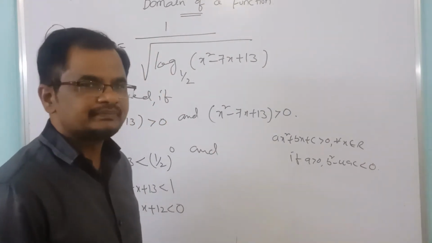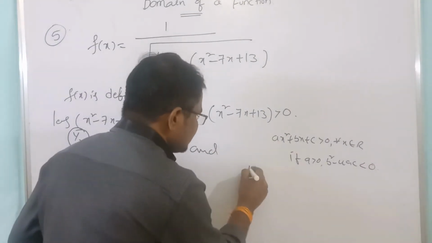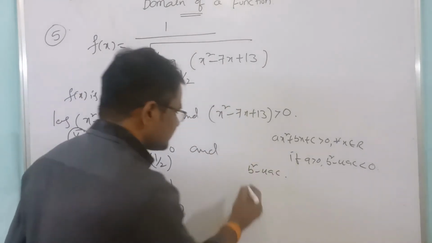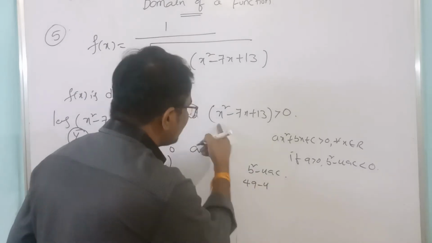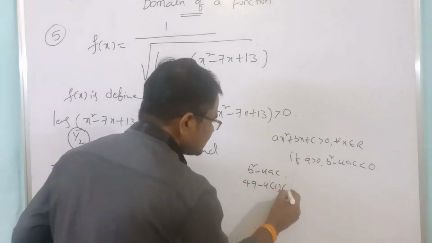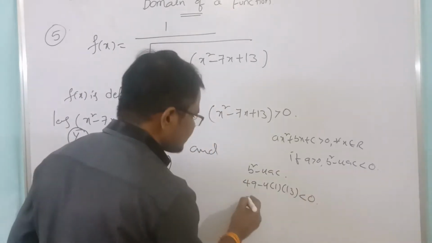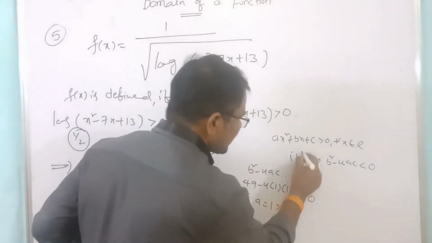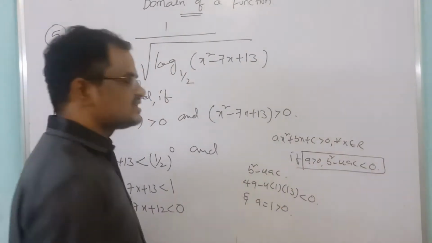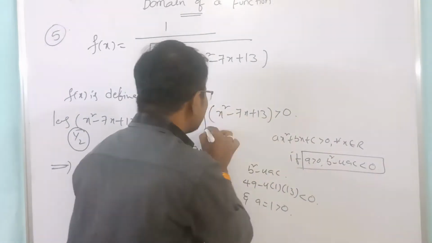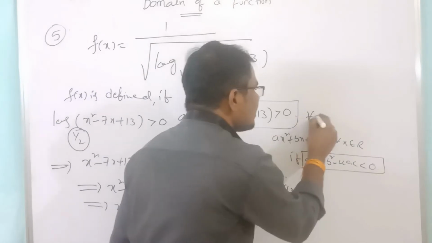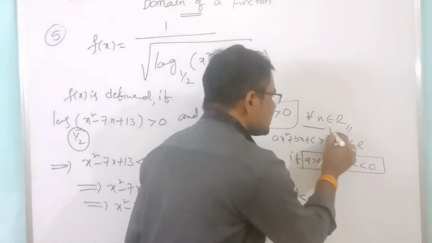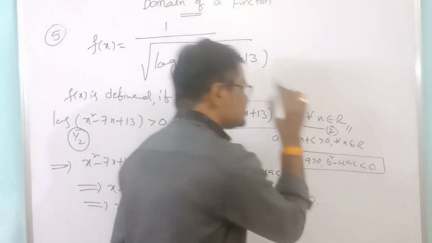See, b square is minus 7 whole square, means 49, minus 4ac, where ac is 13. Definitely it is less than 0, and a equal to 1 which is greater than 0. So this quadratic satisfies this condition, meaning it is greater than 0 for all x belongs to real numbers, right? Now for all x belongs to real numbers, this exists.